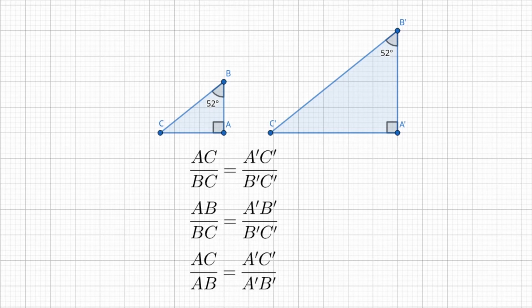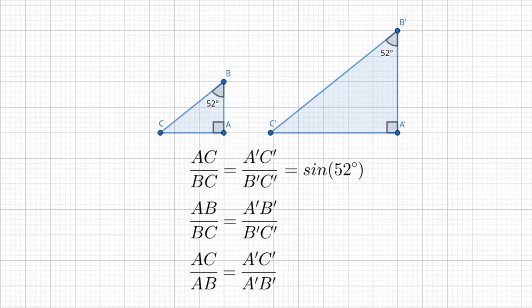So we say that the ratio AC to BC for the 52 degree angle triangle is equal to sine of 52 degrees. Since 52 degrees is the angle ABC, AC is the side opposite to that, and BC is the hypotenuse. So sine is the opposite side to the angle over the hypotenuse.